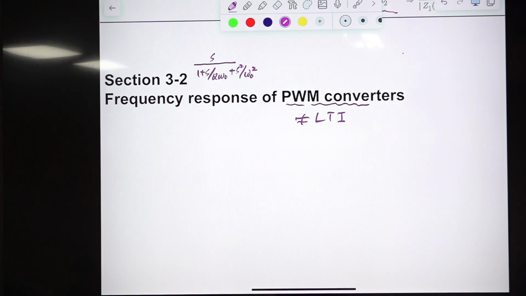And another one is this one. This is the simple second order low pass filter with a single quadratic term in the denominator.